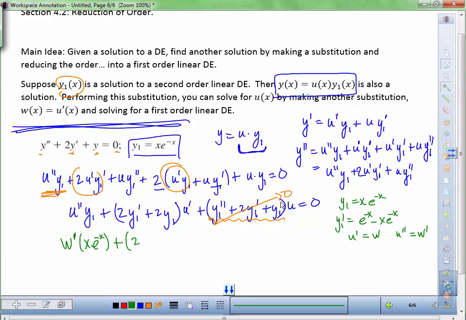We have a 2 times y1 prime, which is e to the negative x minus x e to the negative x, plus 2 times y1, times u prime, which is w, is equal to 0.